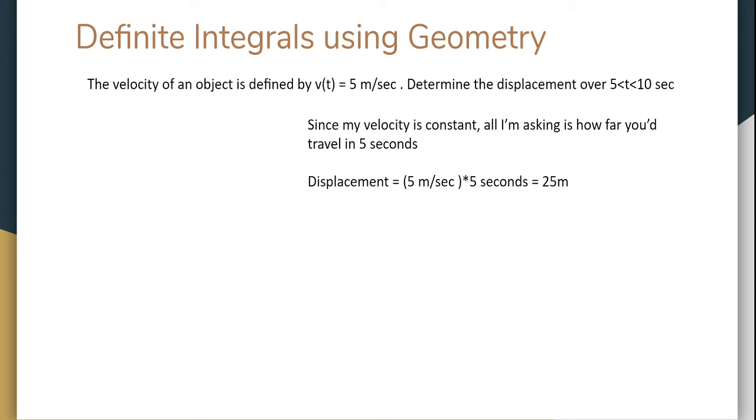Since it's constant, you don't really care that it's between 5 and 10 seconds. I could have said it was between 4 and 9 seconds, or any other bit that was 5 seconds long. It would still be the same answer of 25 meters. Similarly, if I asked you the displacement between 9 and 10, it would just be 5 meters, the same as how far you traveled in 1 second.